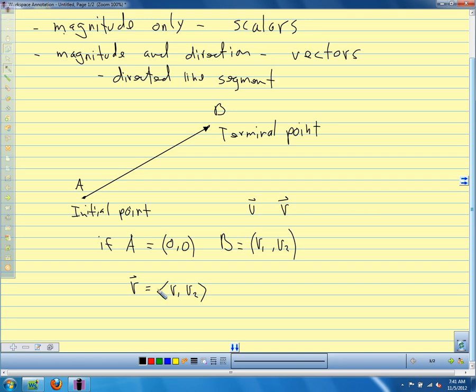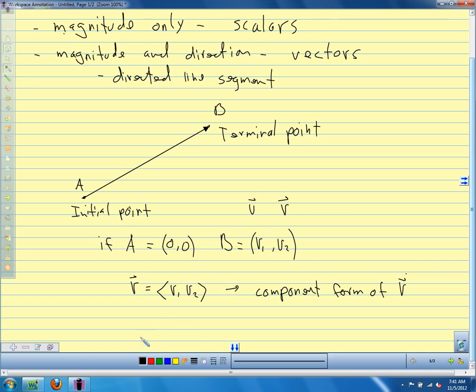These angled brackets denote a vector. I'll use all the various different notations interchangeably, the hat notation and this bracket notation as well. This is called the component form, where we're just listing in brackets the components of our vector.